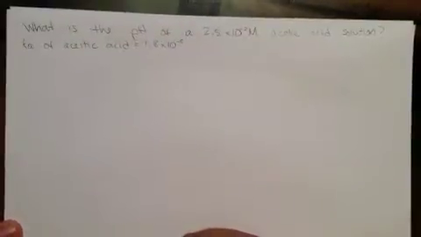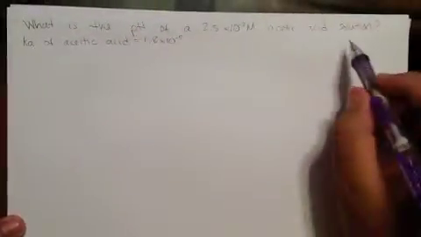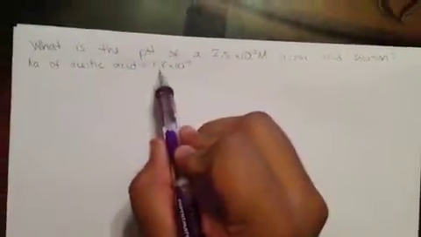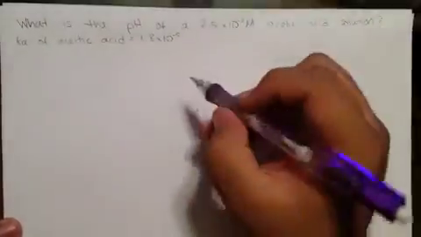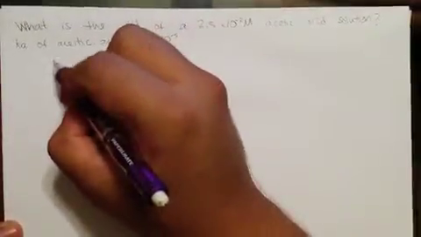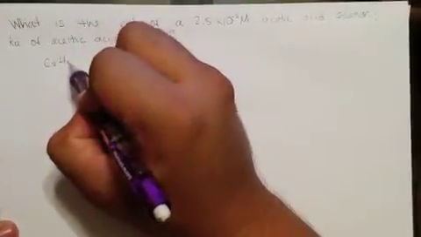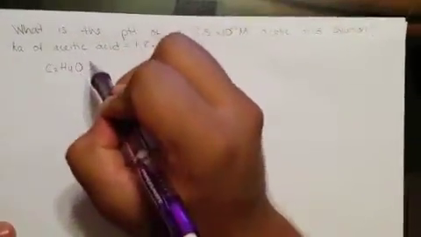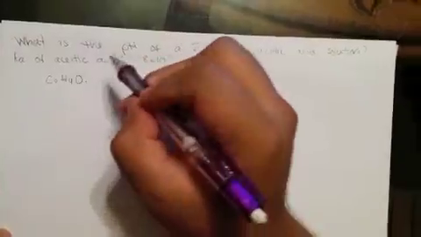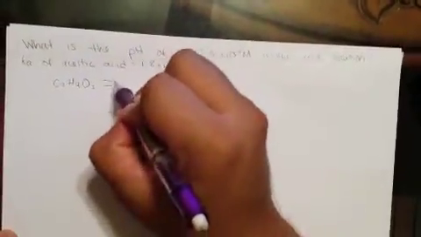What is the pH of a 2.5 times 10 to the negative 2 molarity acetic acid solution with a Ka of acetic acid of 1.8 times 10 to the negative 5? First thing you want to do is write the formula for acetic acid, which is C2H4O2, and you want to see what it dissociates into.